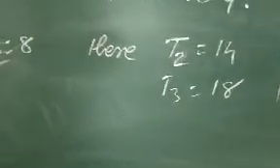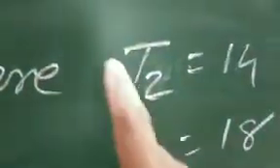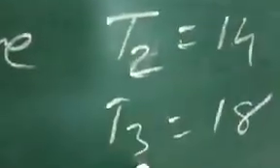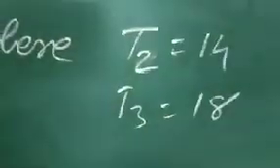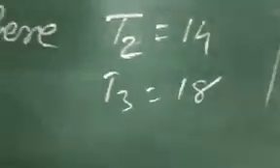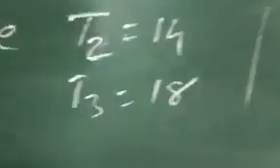Now answer number 8. T2 is equal to 14 and T3 is equal to 18. So we find Sn, the sum of first 51 terms. Here we have only these two terms, so by these two terms we find first d, then a, and then last we find Sn.